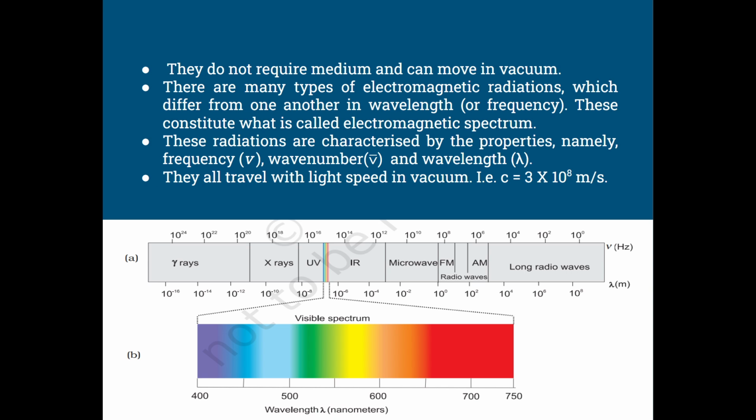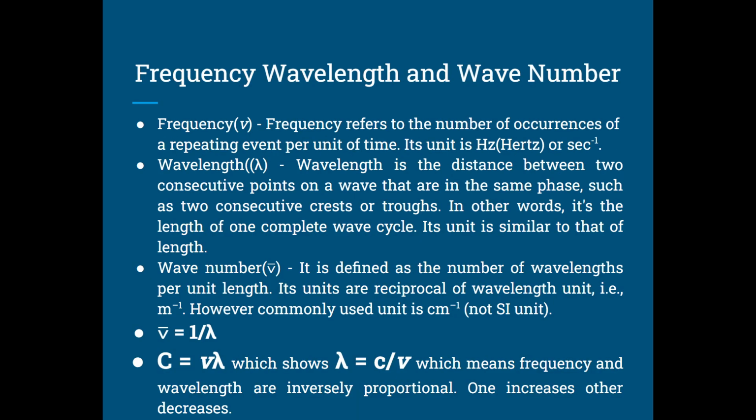Then there are radio waves, etc. There are so many waves you can study, but as per the syllabus and the NCERT chapter, you just have to learn about electromagnetic radiations and their properties for now. So now let's study frequency, wavelength, and wave number.